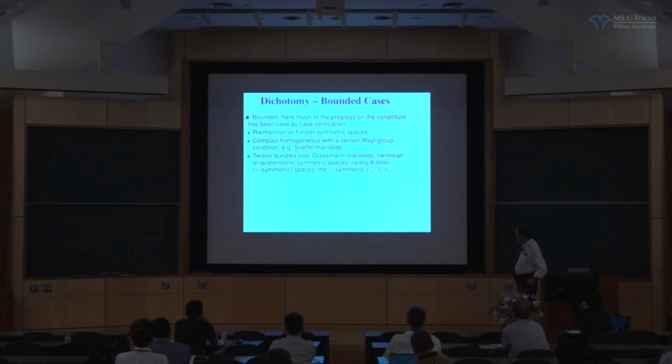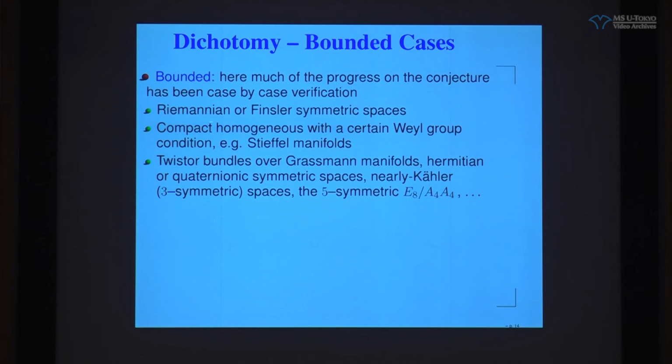Then there's the case where basically you're coming into compact manifolds, and there you have symmetric spaces, and you have like Stiefel manifolds over Grassmann manifolds with some technical conditions.